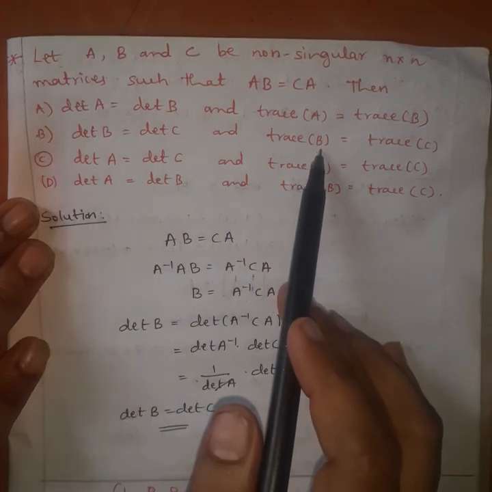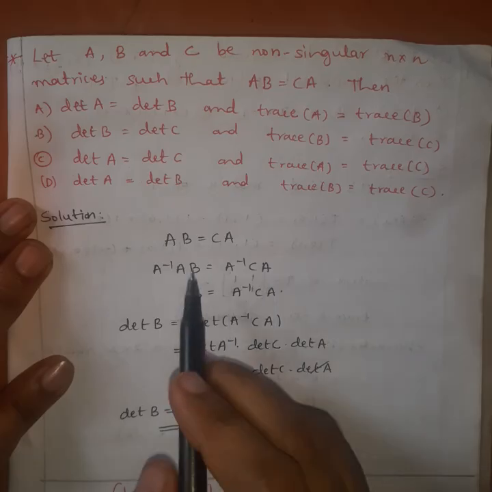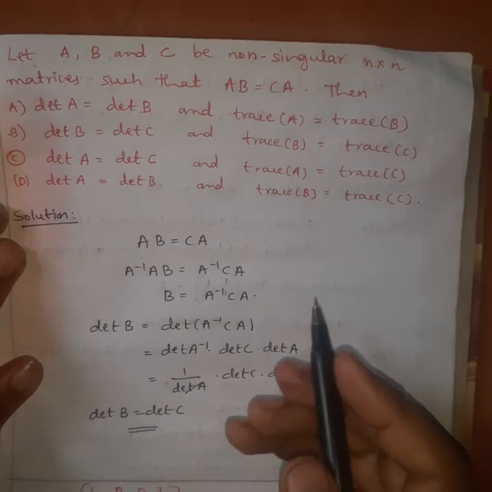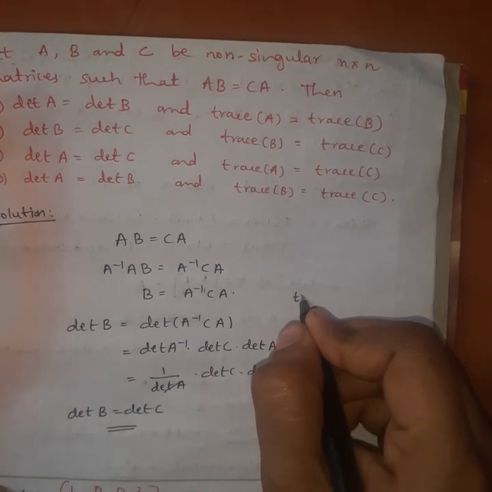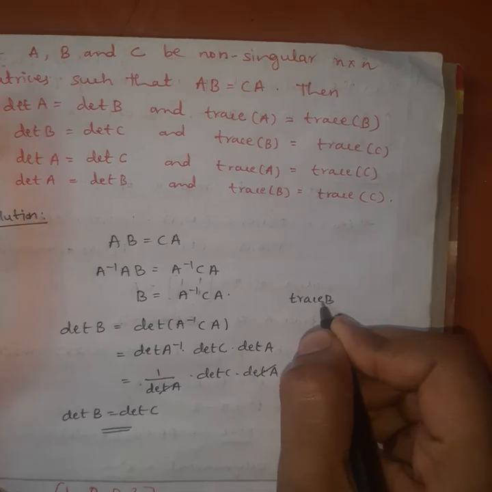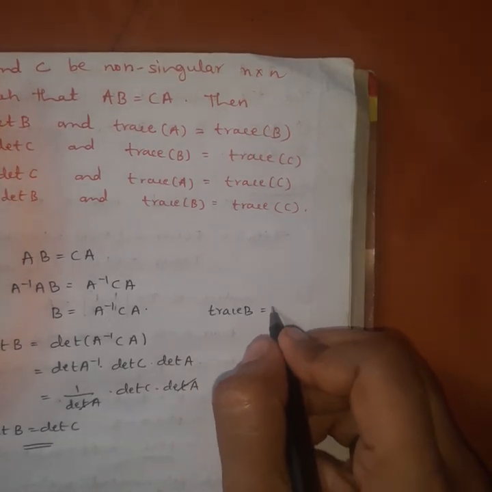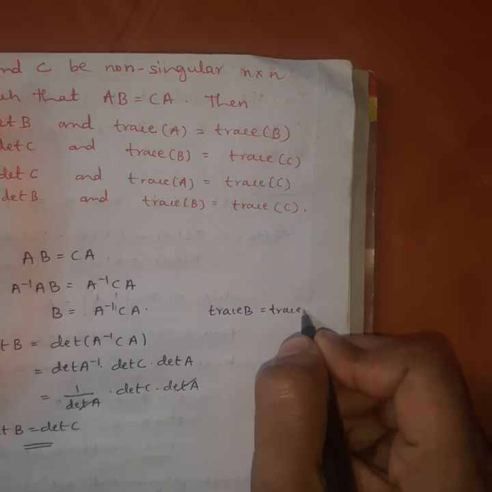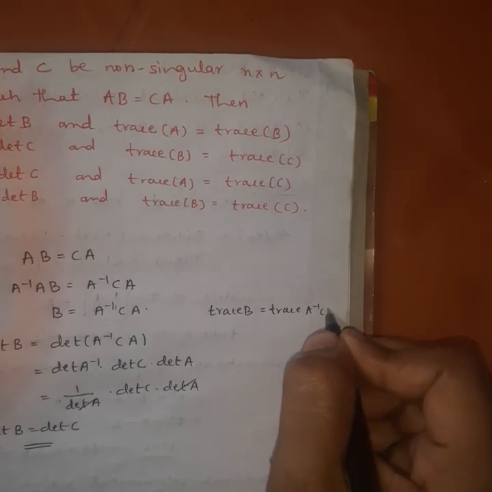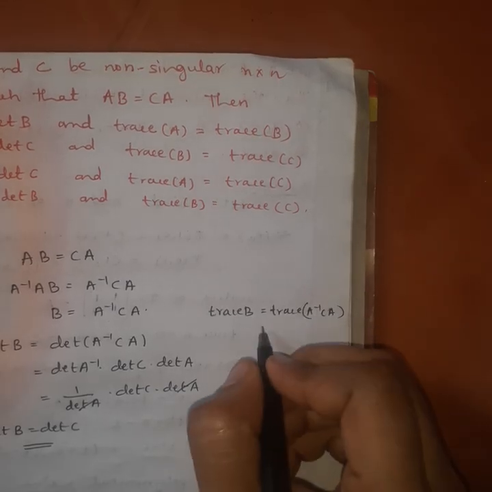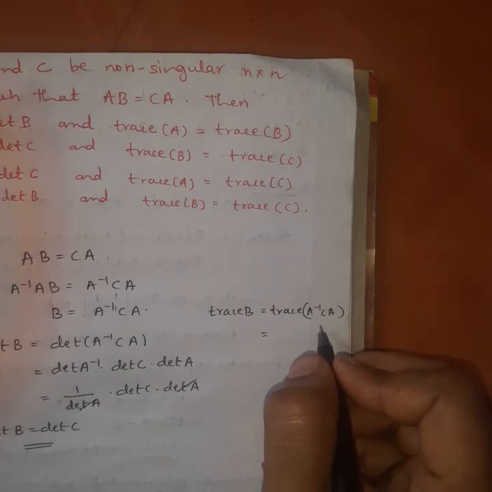Also we can verify trace B equal to trace C. We have B equal to A inverse CA. So trace of B will be equal to trace of A inverse CA. Okay, trace of AB equal to trace of BA.